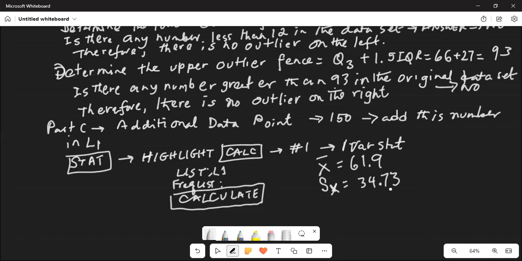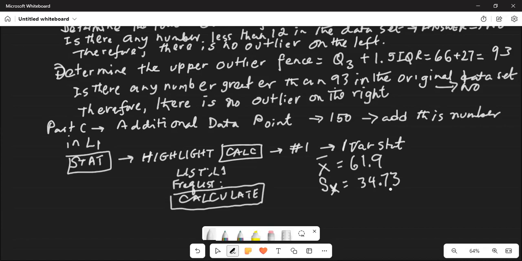Therefore, there is no outlier on the left. Similarly, to Q3, I added 1.5 times IQR and established an upper outlier fence. Then I checked if any number in the original data set is greater than the upper outlier fence, and there was none. So there's no outlier on the left, no outlier on the right.